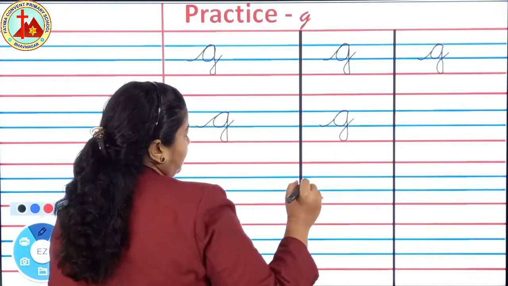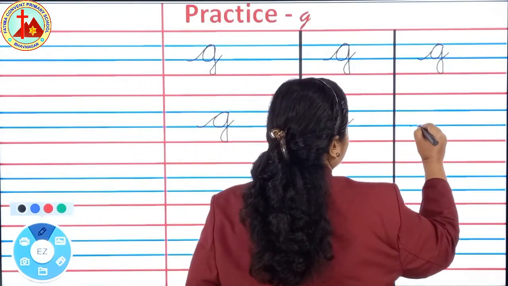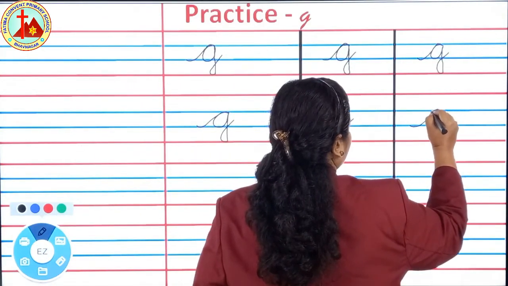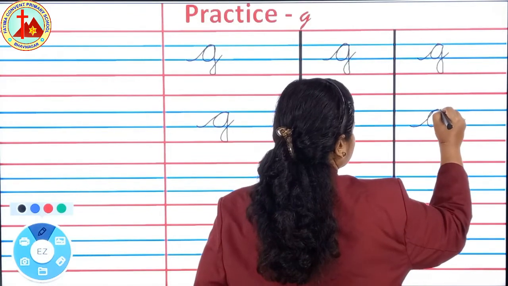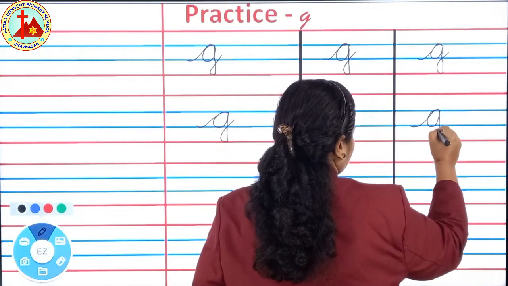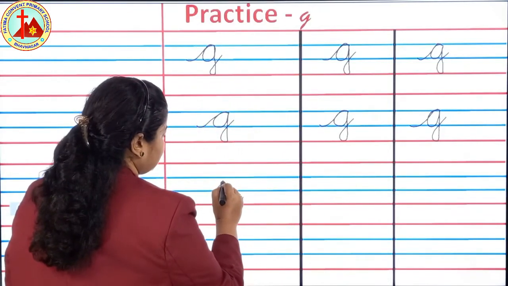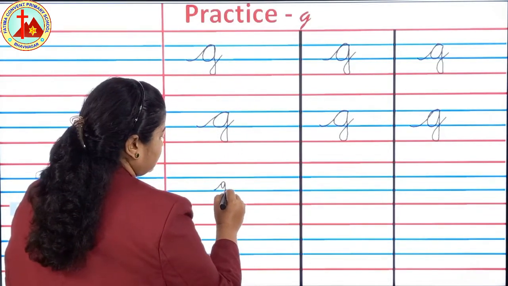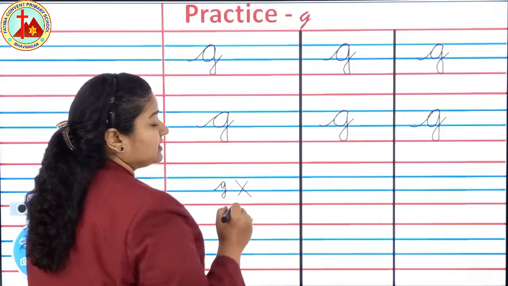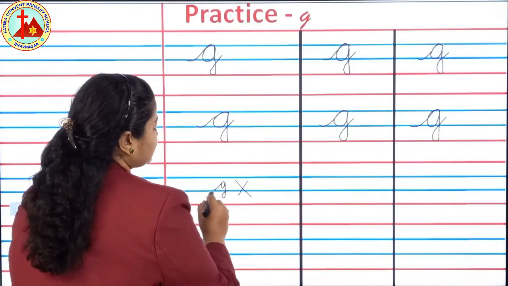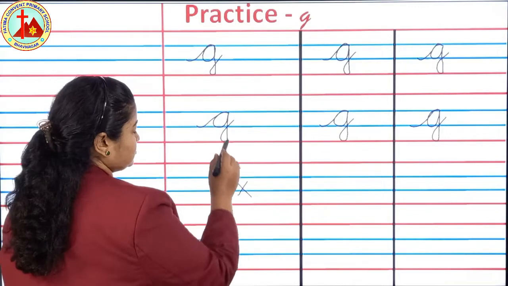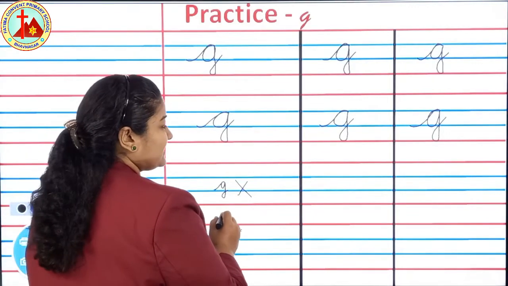Don't go out from the line, or Miss will mark it wrong. You have to touch both the blue lines. See, if you write like this, then Miss will give wrong. Why? Because you are not touching both the blue lines, you are not touching the red line.